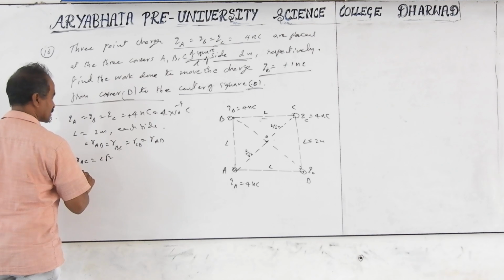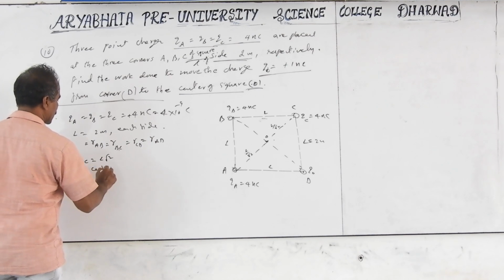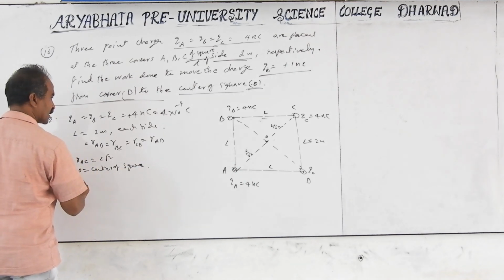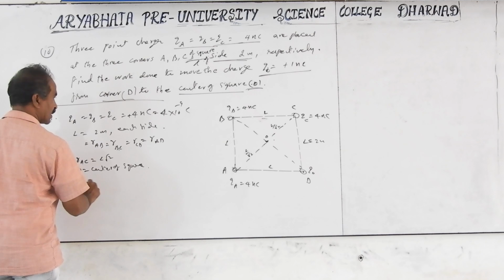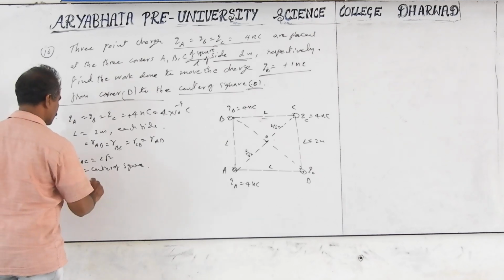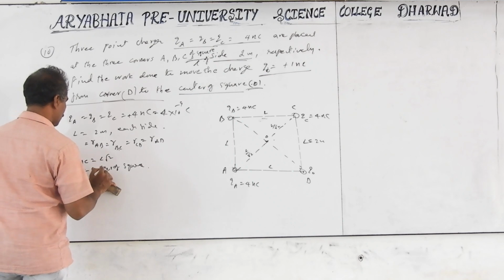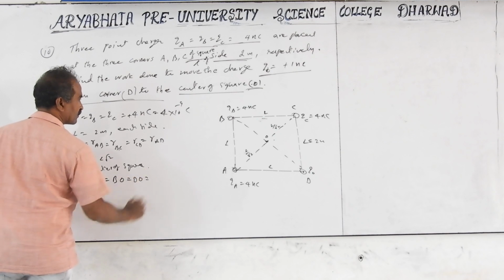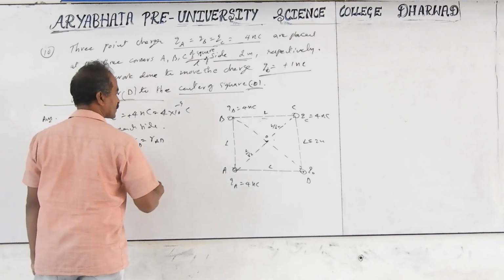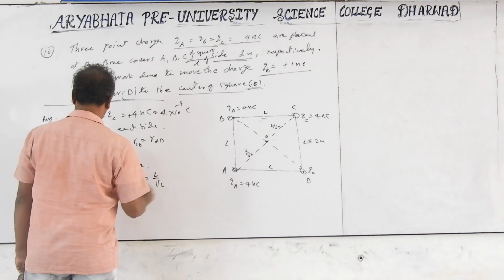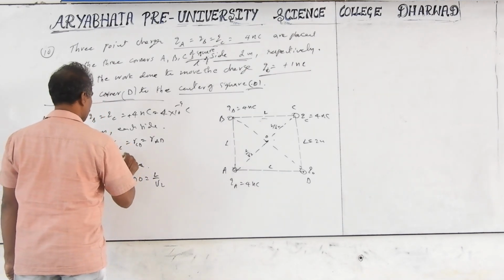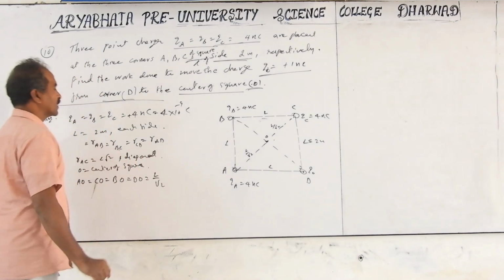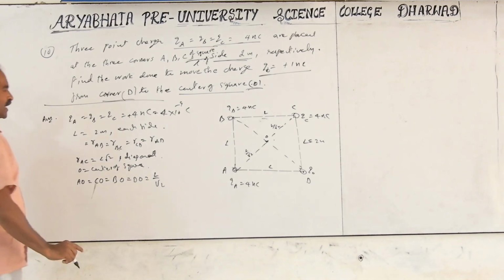Half of that gives O, the center of the square, and all distances from the center, AO equal to BO equal to CO equal to DO, are L by root 2. What we will do is find the potential difference.